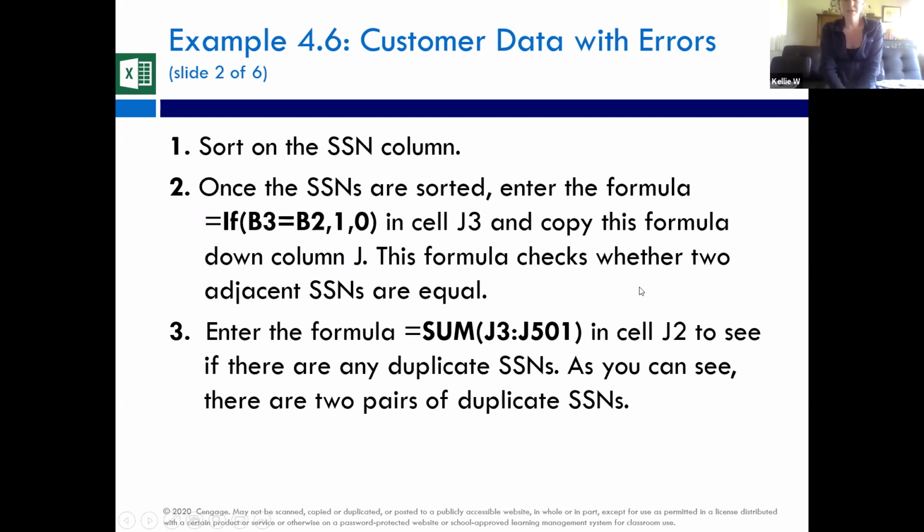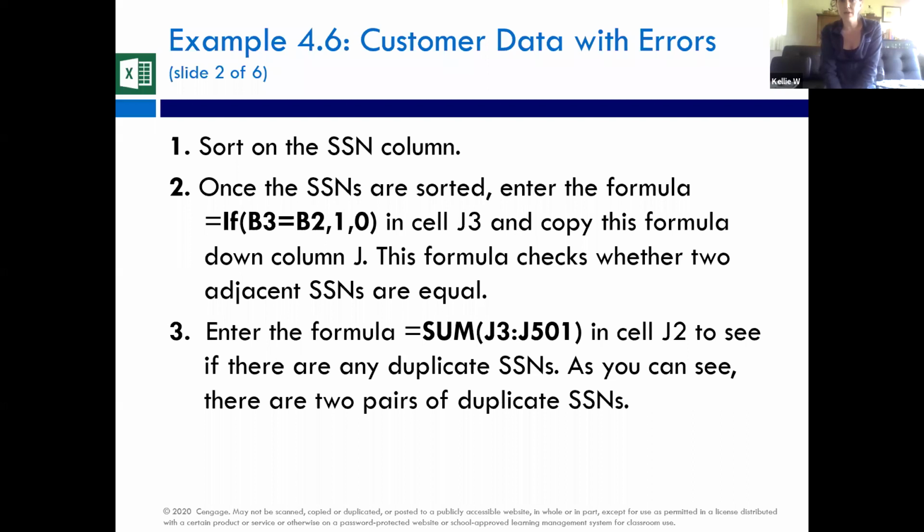One way to do that would be to sort the social security number column because it's coming in as a number. And then enter in this formula where we say if the social security number of one cell equals the same as the cell before it, then return 1, otherwise return 0.